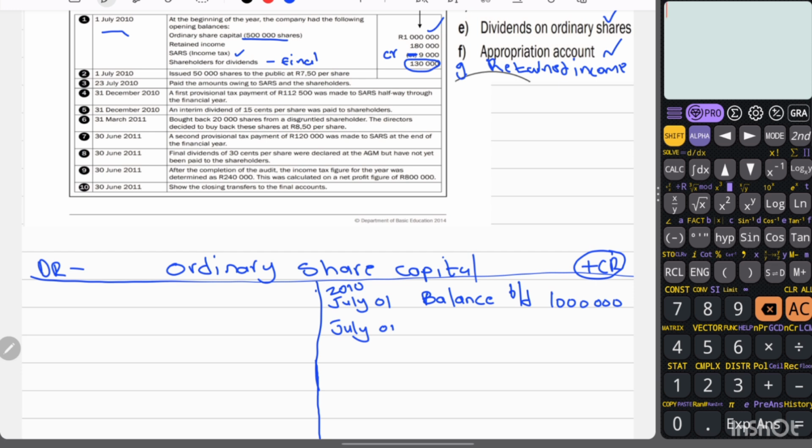Now, because we are selling shares, and the money will go to the bank, that's why here we must write bank, CRJ.